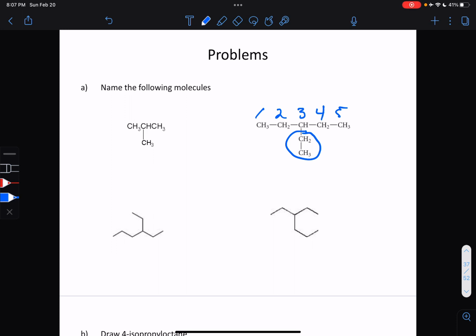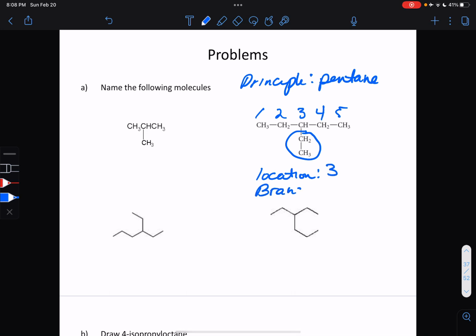All right, so our principal chain is pentane, because that's what a 5-carbon hydrocarbon chain is called. And we've got a branch. Now, the branch is hanging off of which carbon of the pentane? So we have a branch on carbon number 3.